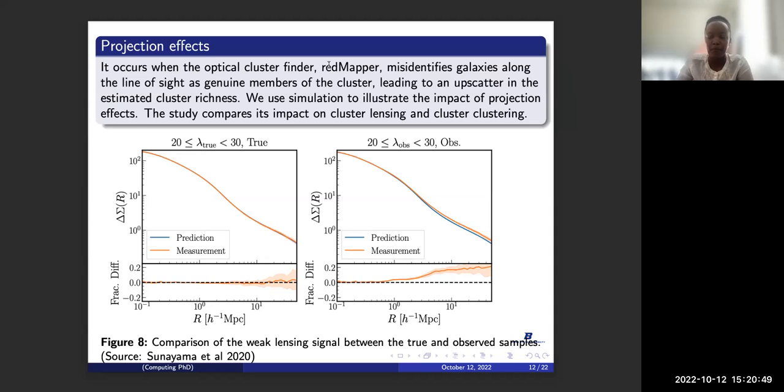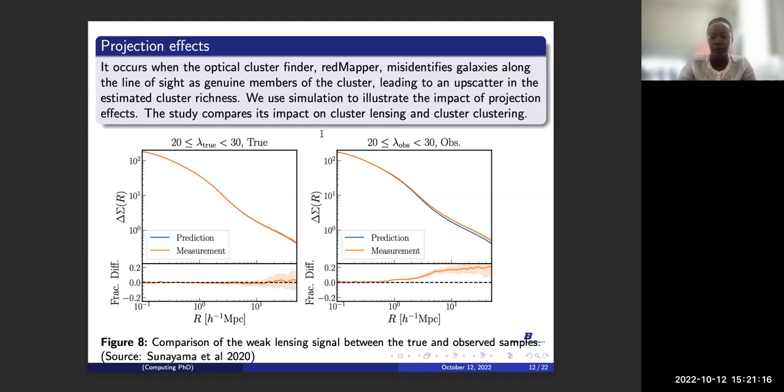When redMaPPer is trying to identify the cluster members along the line of sight, it may include galaxies that don't belong to that particular cluster. If it does, the richness, that is the number of galaxies belonging to that cluster, increases. And increasing the richness means we will also see an upscatter in the estimated cluster mass.